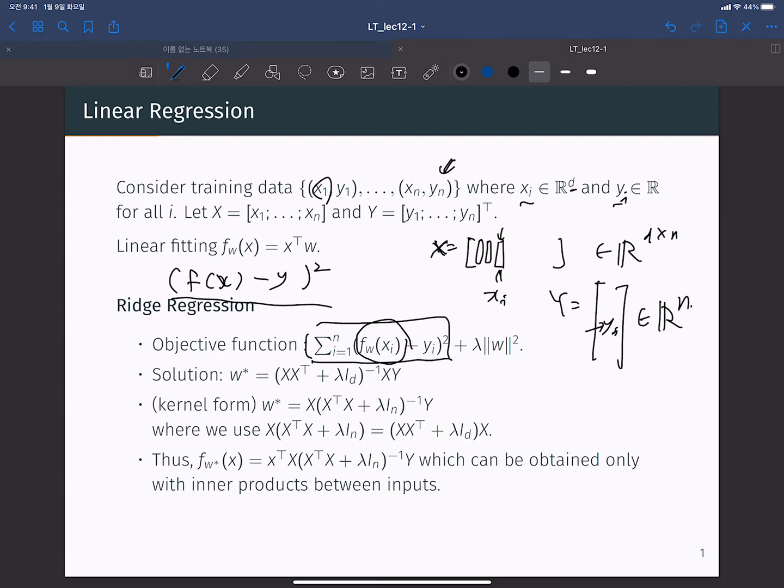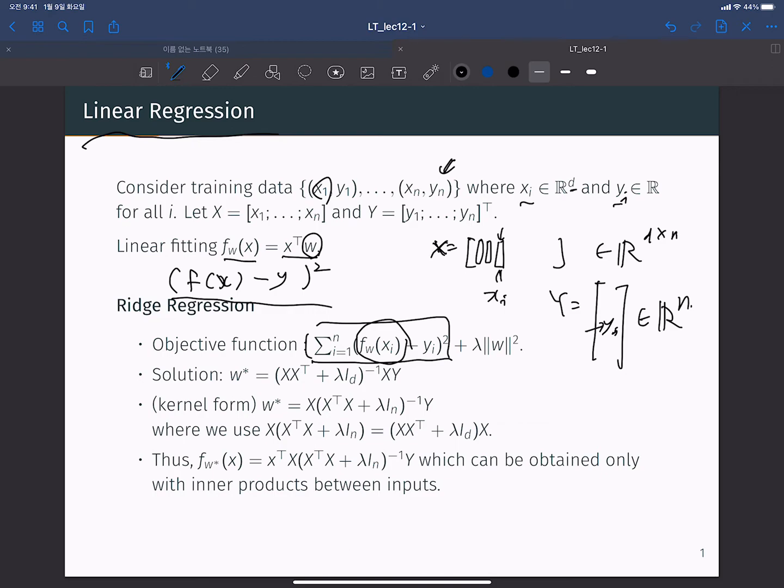Here, linear regression considers the simplest form of linear function. So basically, f_w(x) is equal to x transpose w. So we have to define d parameters, so w is a d-dimensional vector. When we have x as input, the predicted output is just the inner product between input x and the parameter w. And we have to find a nice w that minimizes this objective function.